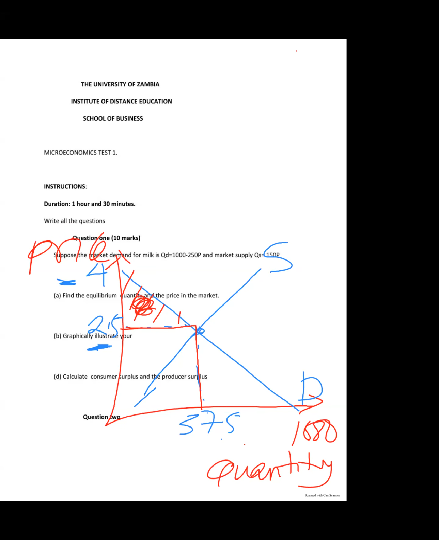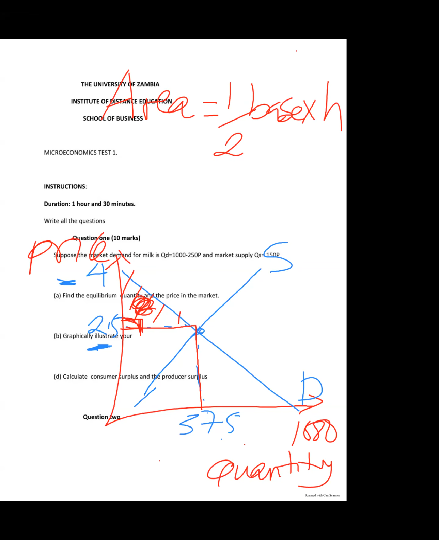Once you look at this area, you know that this is a right-angled triangle, right? Therefore, you know how we find the area of a triangle. The area of a triangle is always given as half base times the height, h.